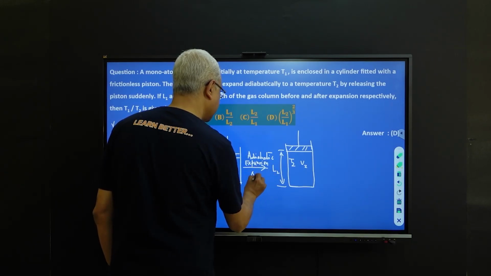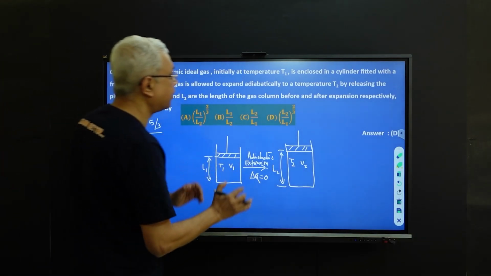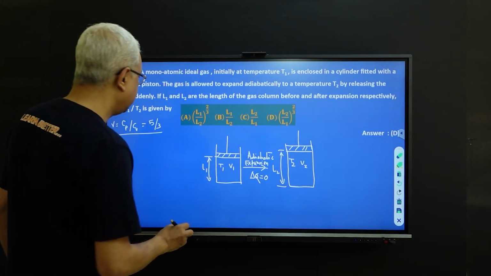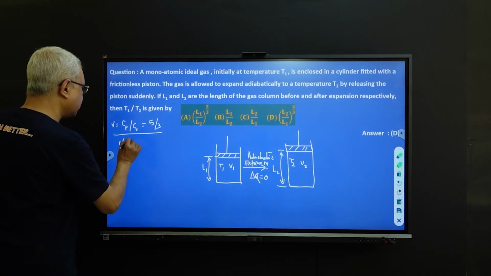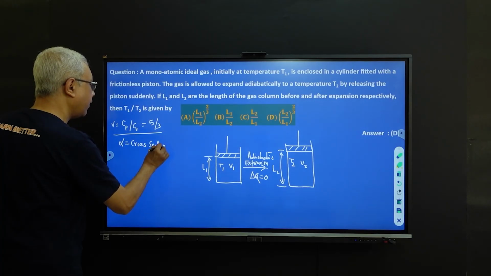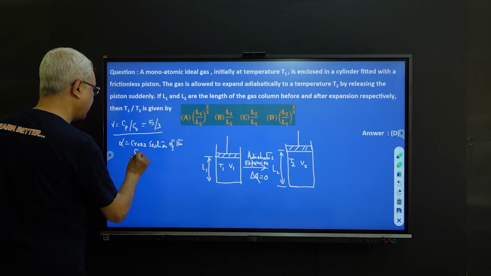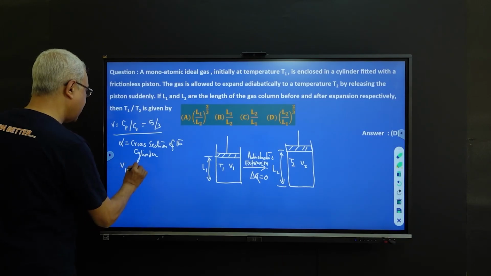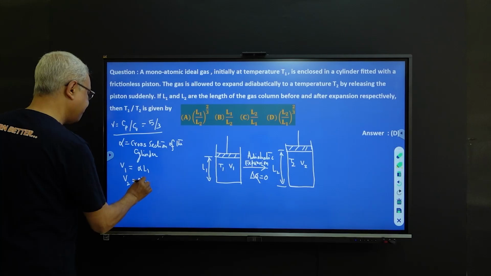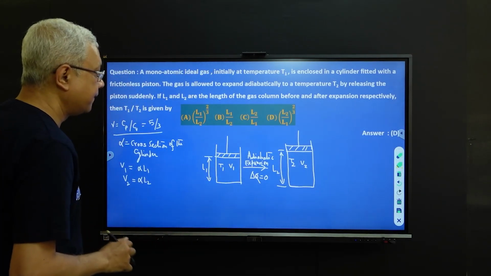Therefore, delta Q is 0. There is no heat exchange between the gas and its surrounding. Now, let alpha be the cross section of the cylinder. So V1 is alpha L1 and V2 is equal to alpha L2. Okay, this is the ideal gas, monatomic gas.